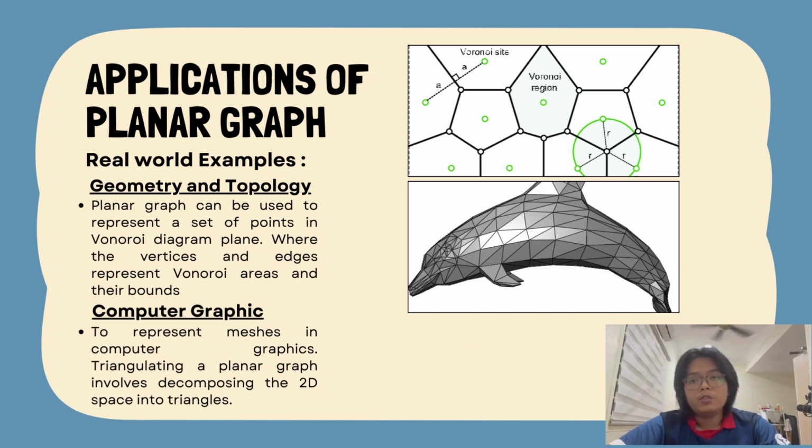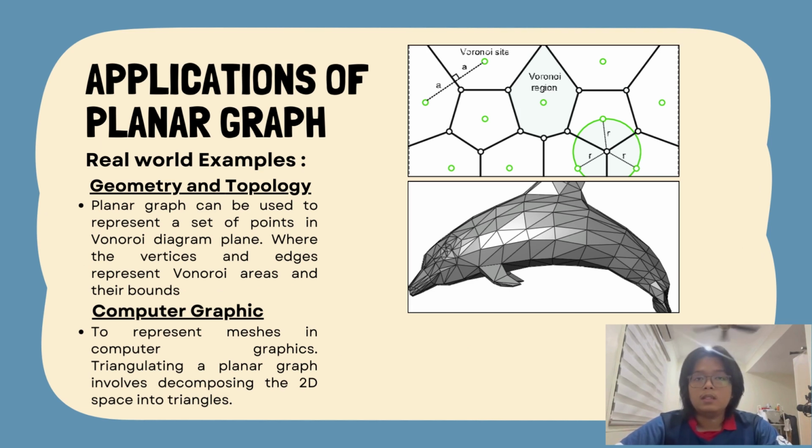In terms of geometry, planar graphs can be used to represent a set of points in the plane of a Voronoi diagram, where the vertices and the edges represent the Voronoi areas and bounds. It is also used for map representation in this context.